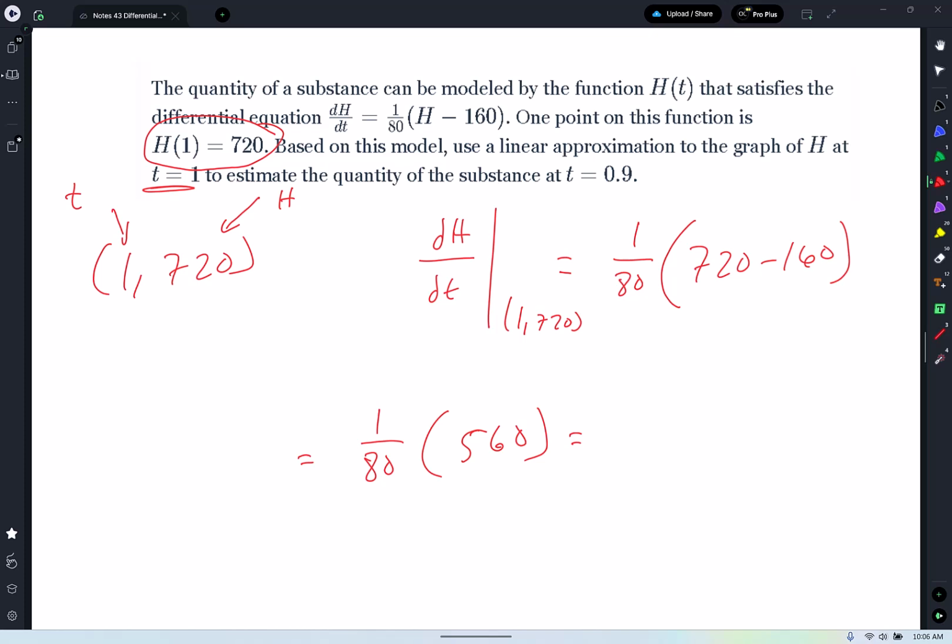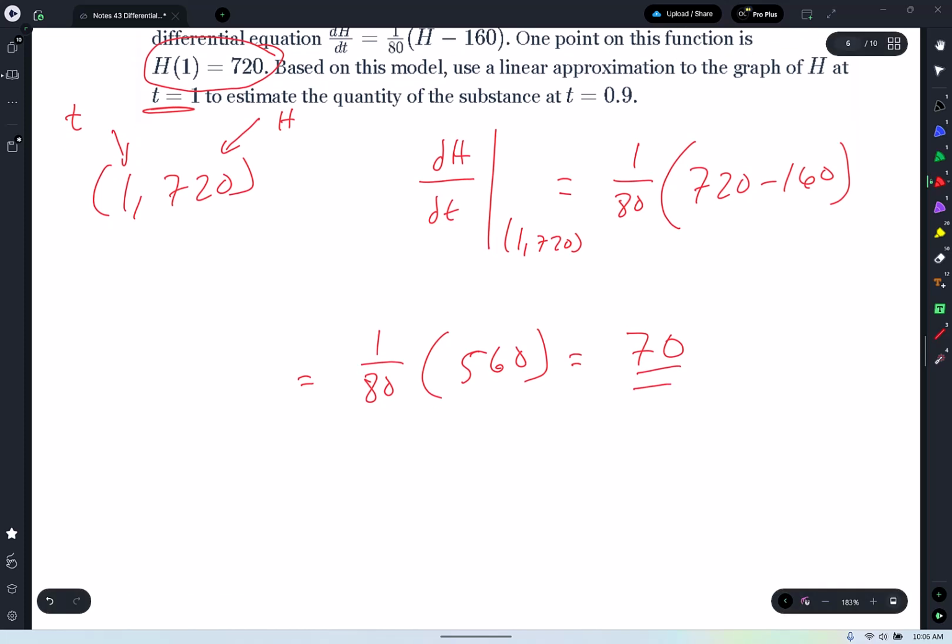How many times does 8 go into 56? 7. So this is 7. I don't think we made a mistake. Are we okay so far? All right, there's my slope.